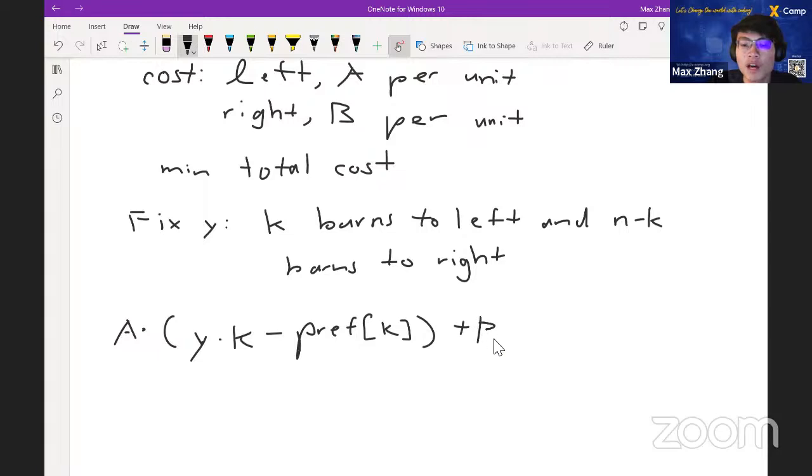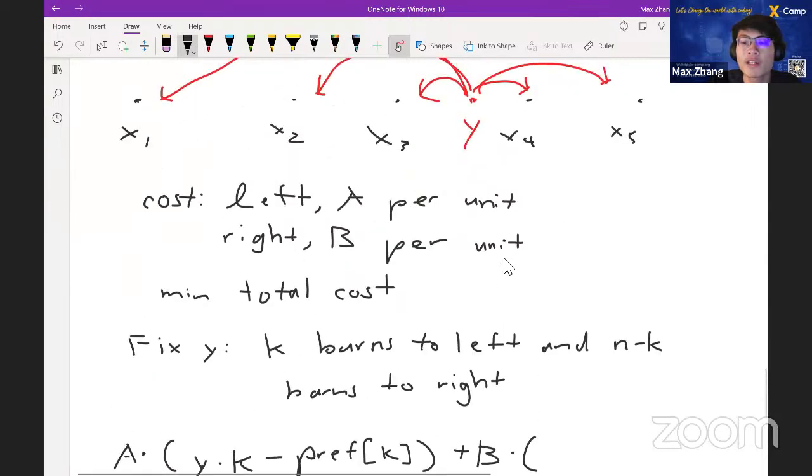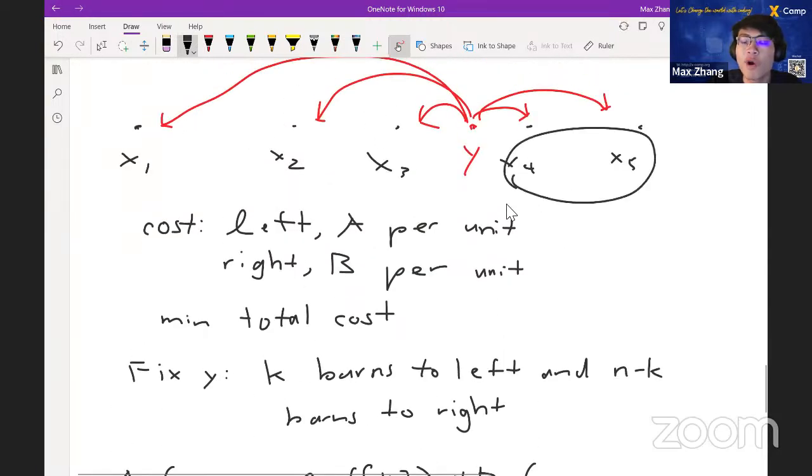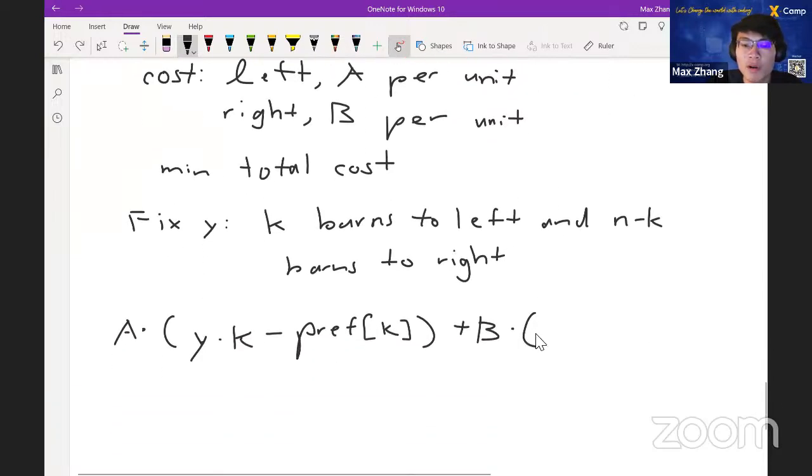And then for going to the right, it's going to be the sum of all the x coordinates, each one subtracted by y.